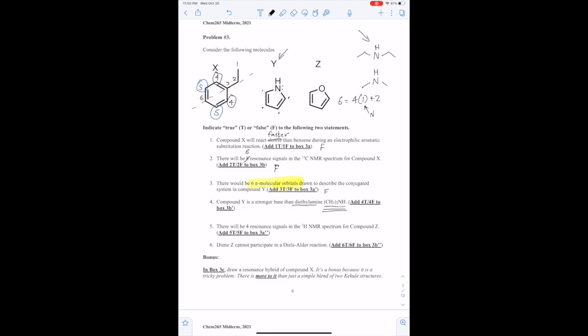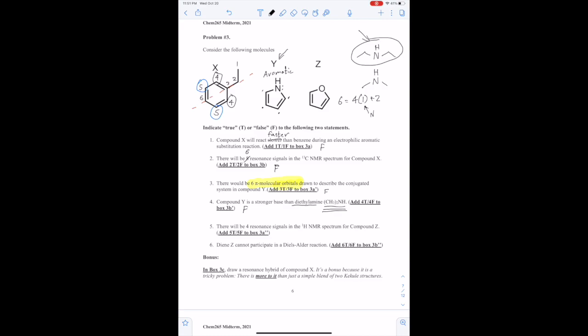So that would make this molecule aromatic. Sorry, let me just clean that up. Aromatic. And as we know, aromatics are very stable, much more stable than that. So that means this is false.